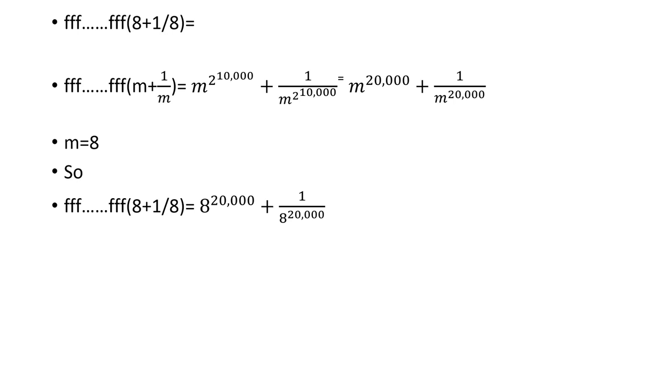So f 10,000 of 8 plus 1 over 8, because I have 10,000 f's, must be 8 to the 20,000 plus 1 over 8 to the 20,000. Remember, in here we got m to the 20,000 when I had 10,000 f of m plus 1 over m.